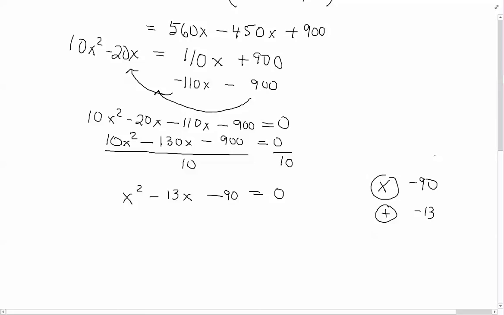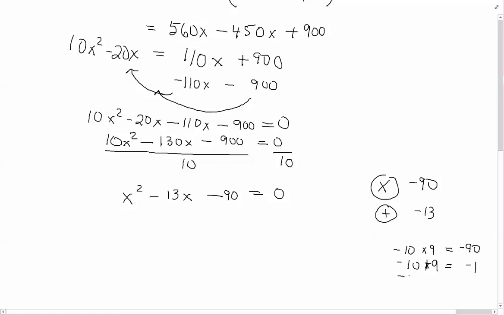Because the 90 is negative, we want a negative and a positive. Because the addition is a negative, we want the absolute value of the negative number to be larger. So we can start with negative 10 times 9. That gives us negative 90. But if we have negative 10 times plus 9, that only gives us negative 1. Then I can keep factoring here.